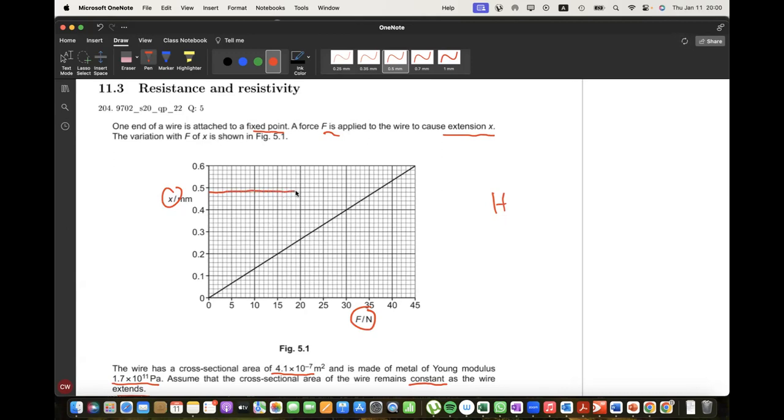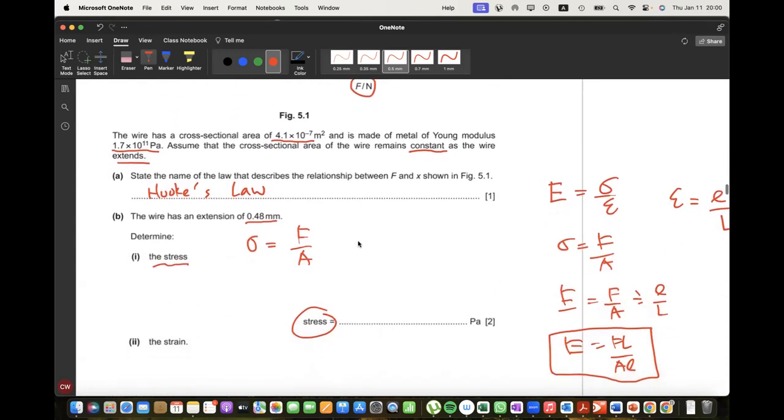What is the number? Can you get the answer or not? How many Newton? 3.6.